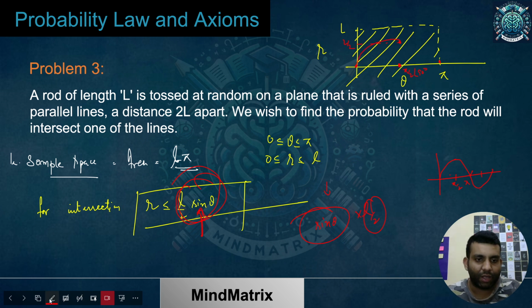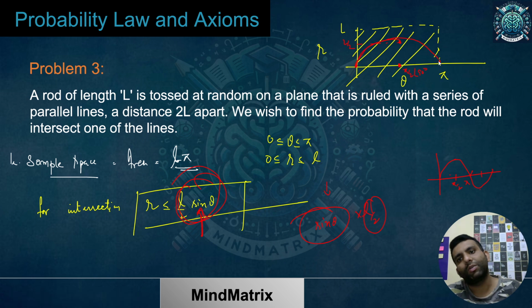Sorry, I cannot erase that, but it would be something like this only. The highest point is basically L by 2. So the points responsible for the intersection lie within this region.